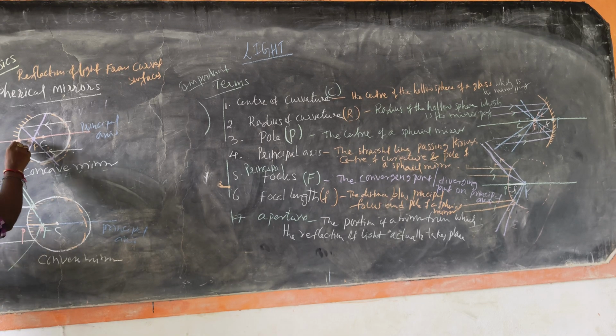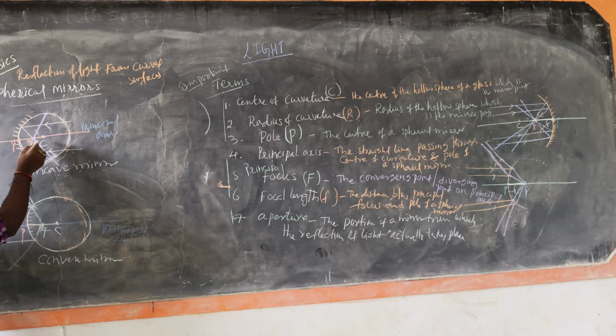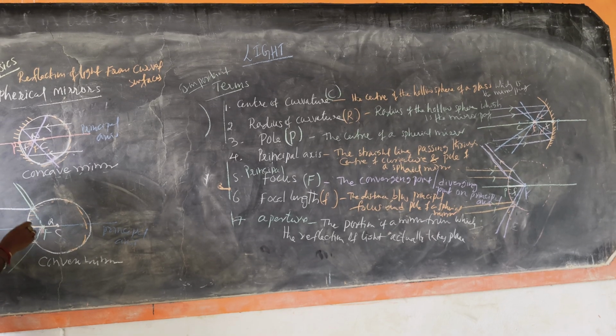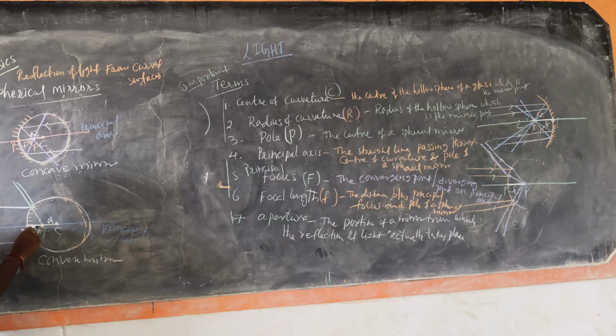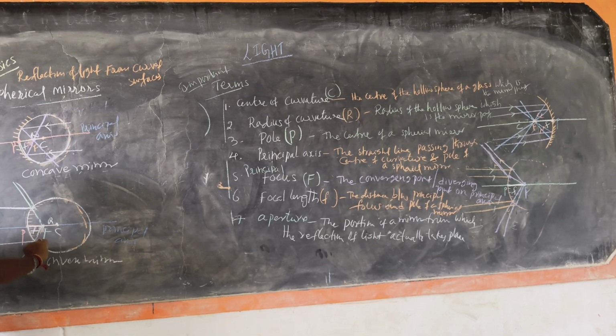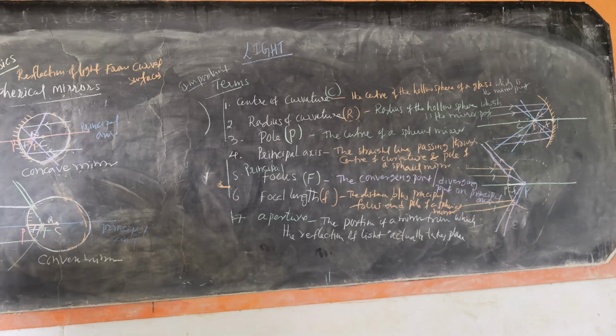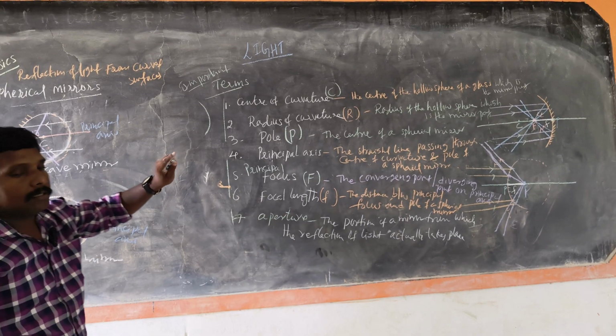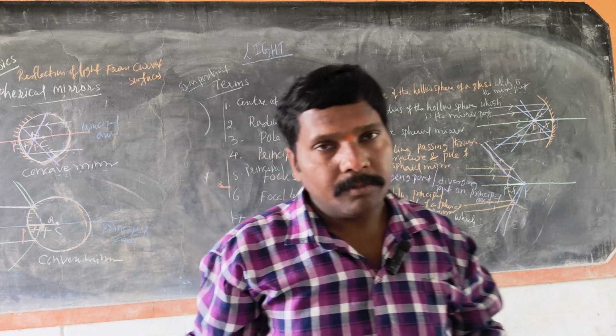Then the length between the focus and the pole you can write as the focal length. This whole distance is r, the radius of curvature, and this is the focal length. The actual reflecting surface is called the aperture. These are some important terms.